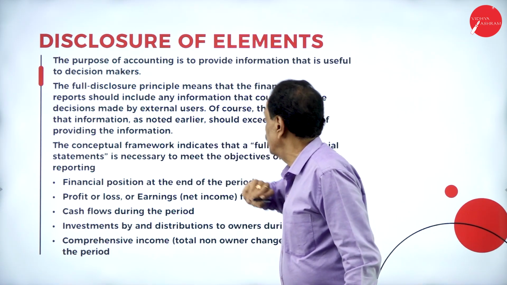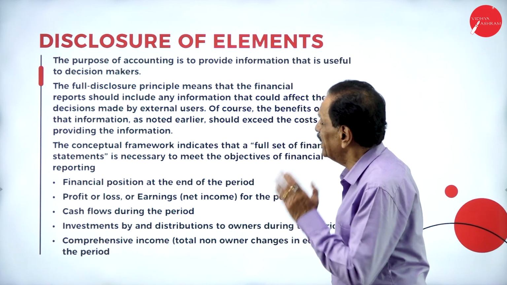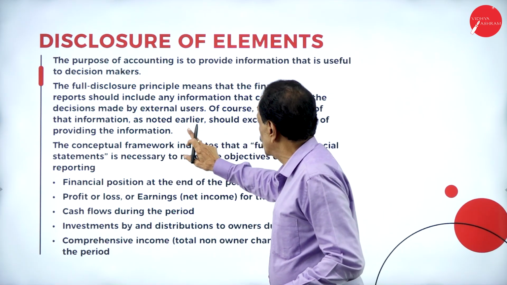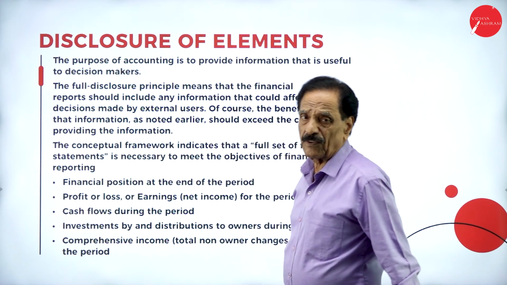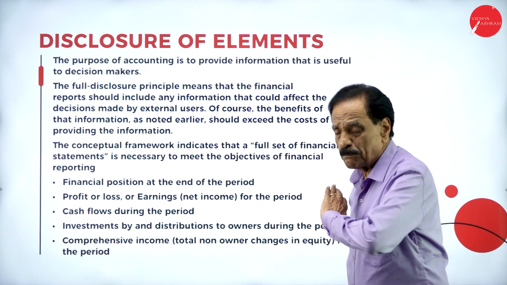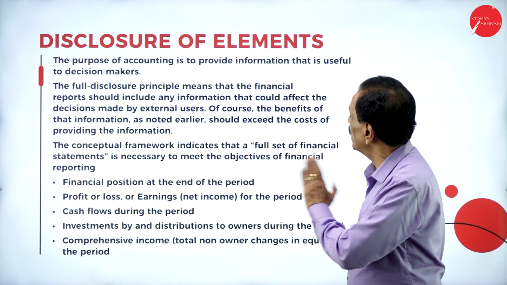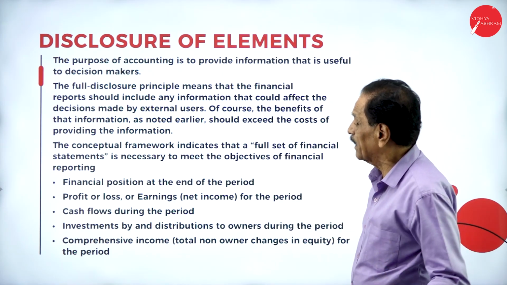This is important. Of course, the benefit of that information, as noted earlier, should exceed the cost of providing the information. So it should give the proper information so that we can disclose everything.